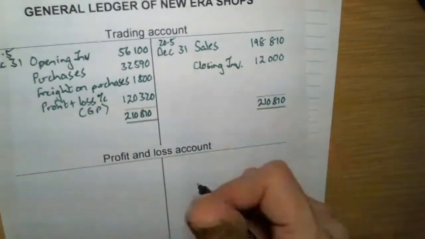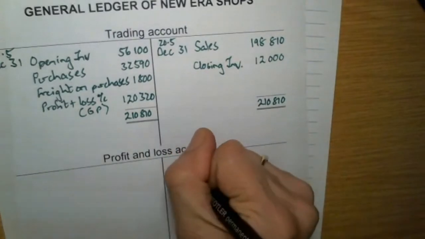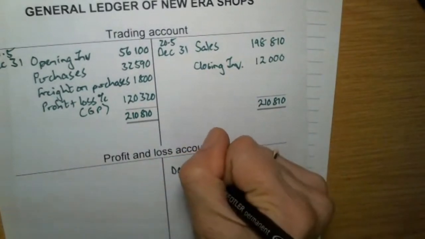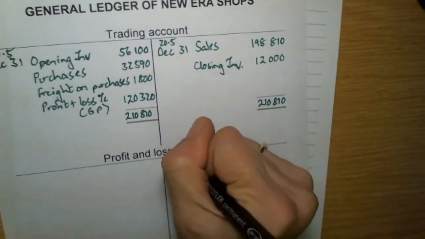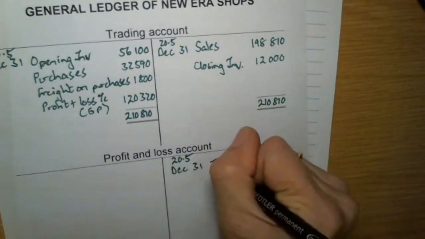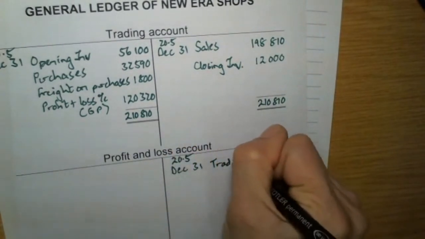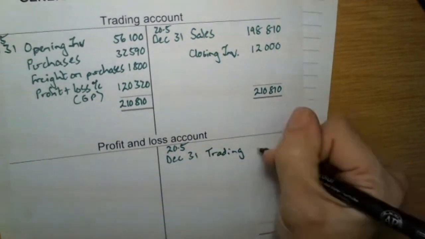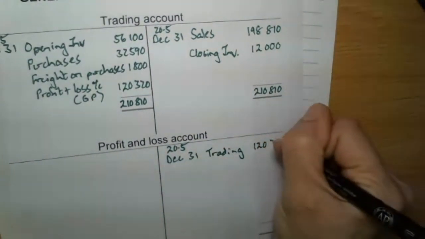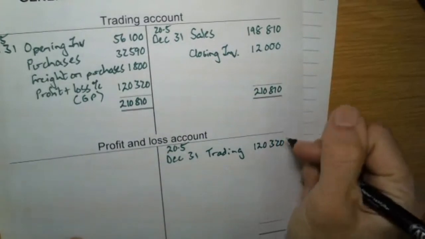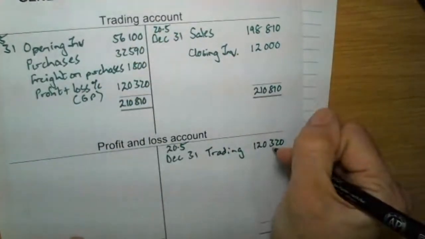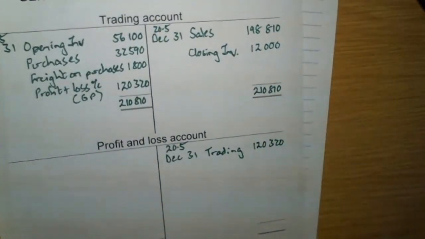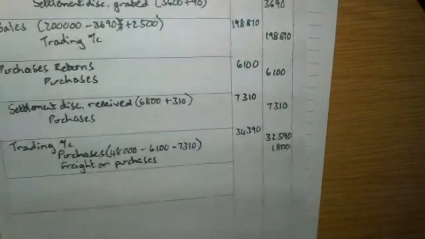I'm going to transfer that 120,320 into my profit and loss account. That's the credit that I start with in my profit and loss account, my gross profit for the period. So in the trading account, I have 120,320 as a debit, and I'm going to credit the profit and loss account with that 120,320.